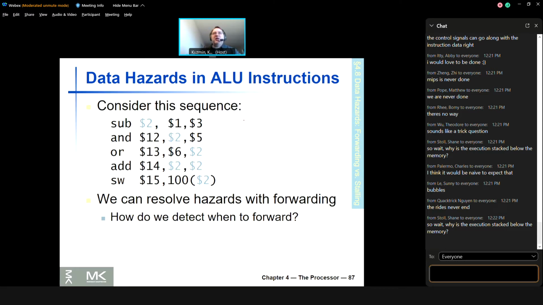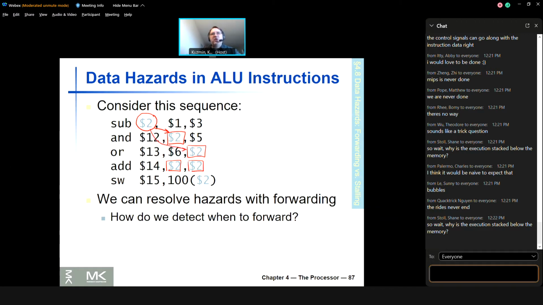All right, so let's look at this example. It's a data hazard, as follows from the name, and obviously we have the following dependencies. Sub writes to register 2, and then and reads from this register, then or reads from this register, and then add reads from this register.